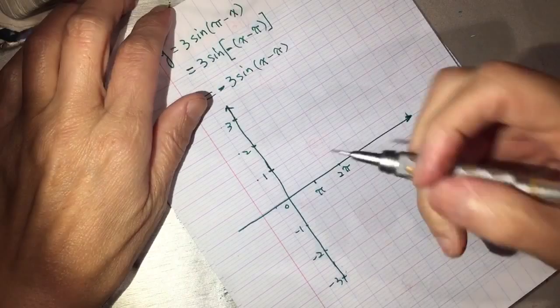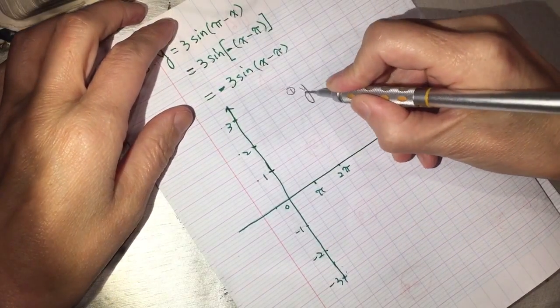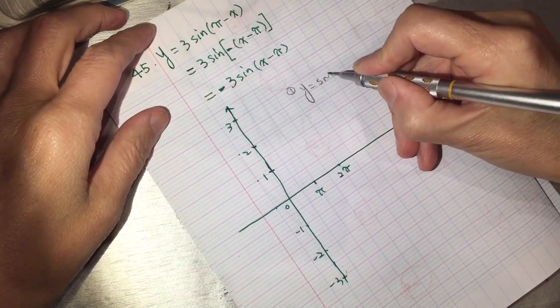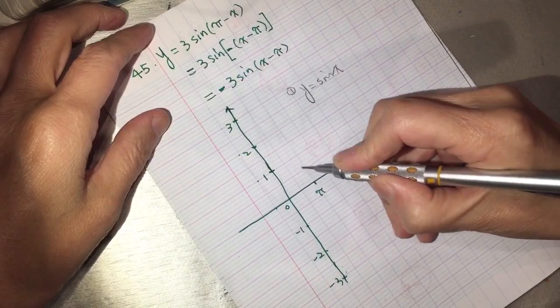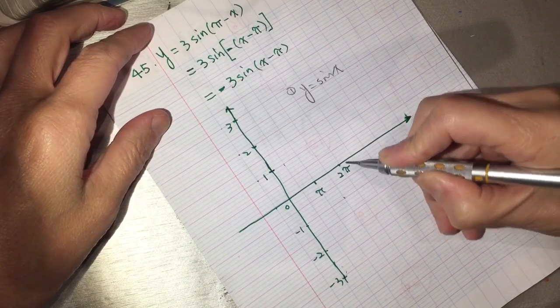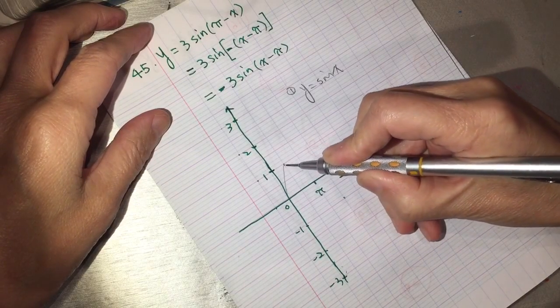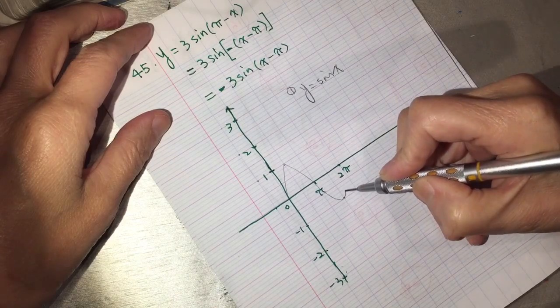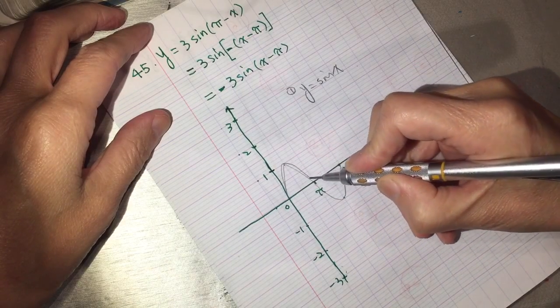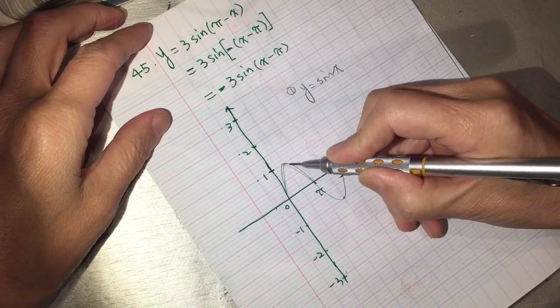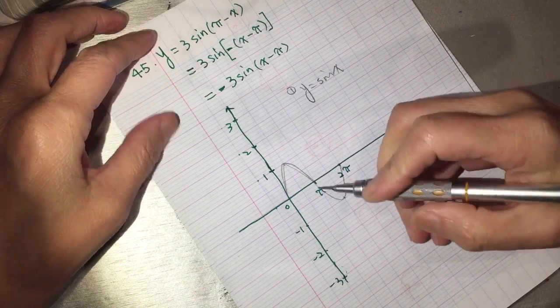So first y equals sine x. So this is y equals sine x. We make it a little bit prettier, okay?